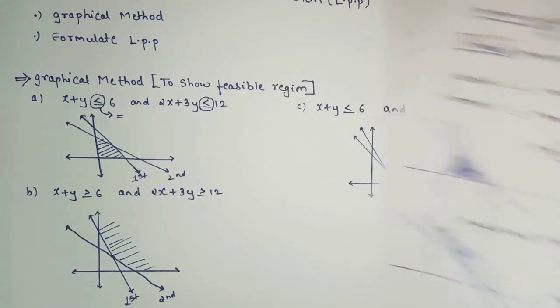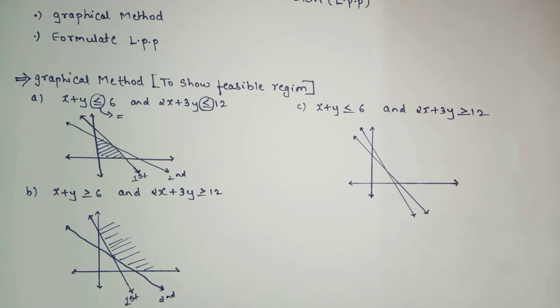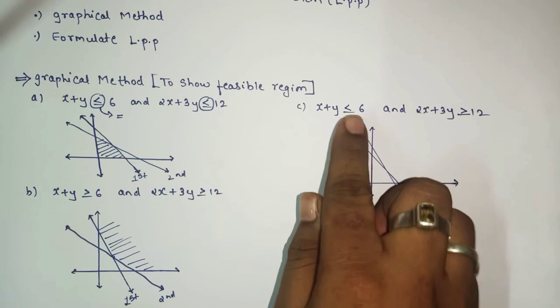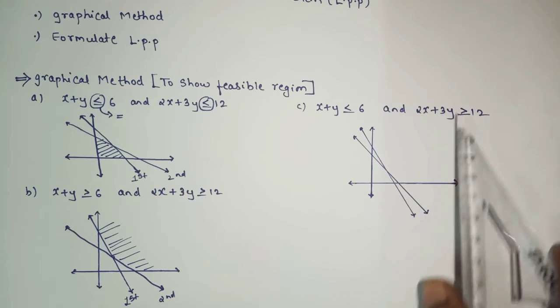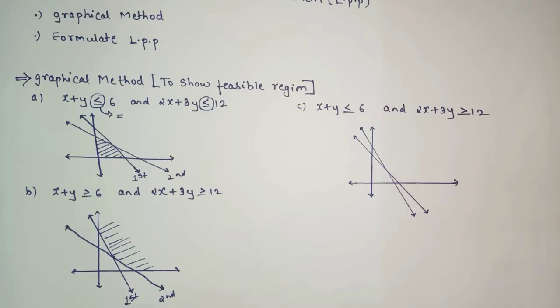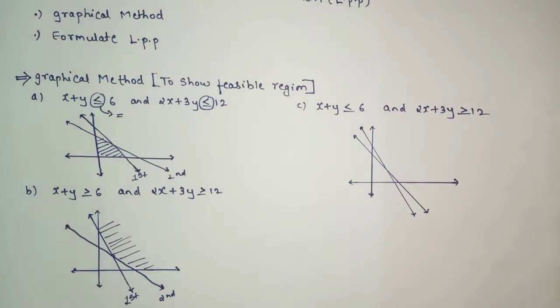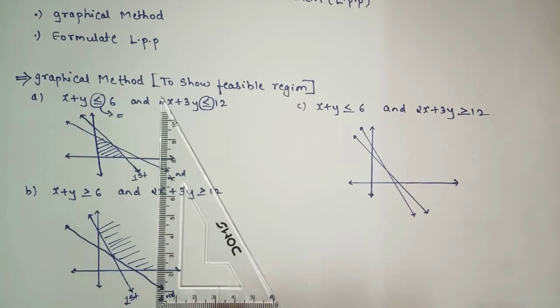Okay, now we'll see, what if one equation contains less than or equal to and another contains greater than or equal to? Again it is simple. Now again, the same.